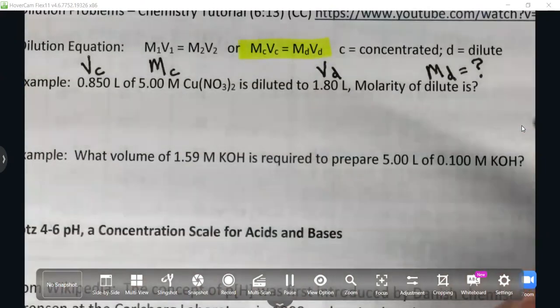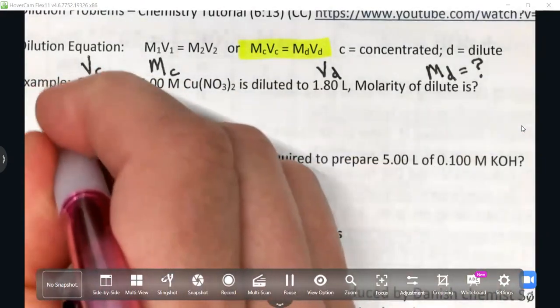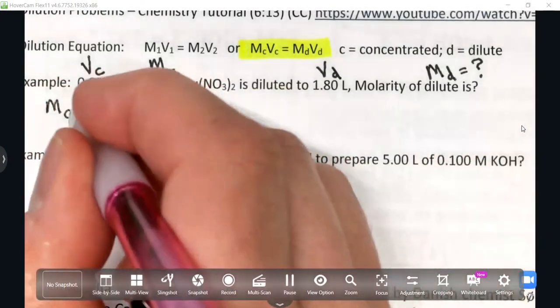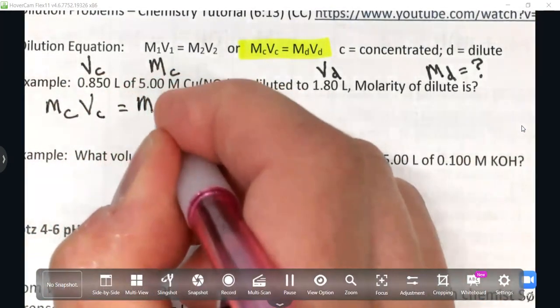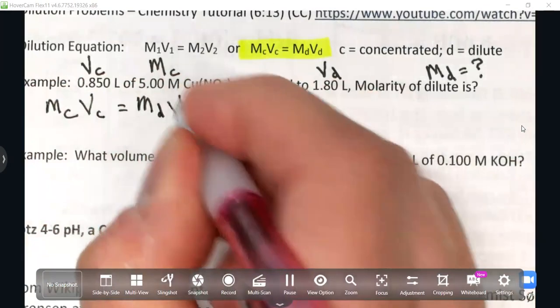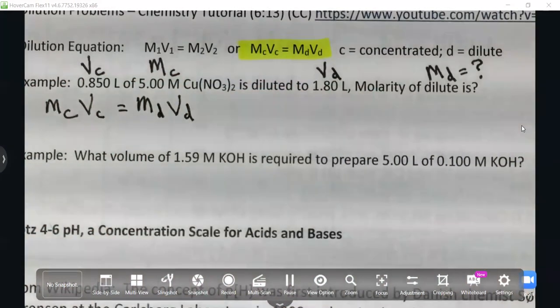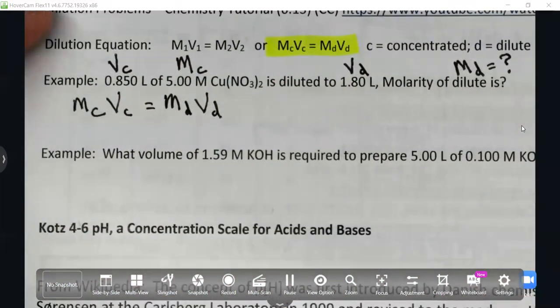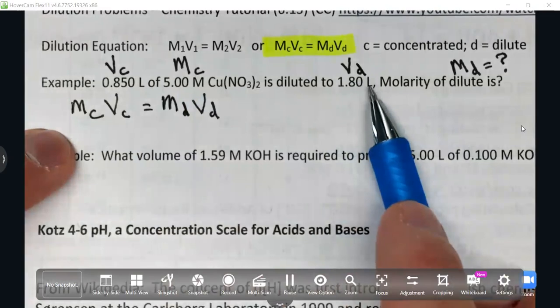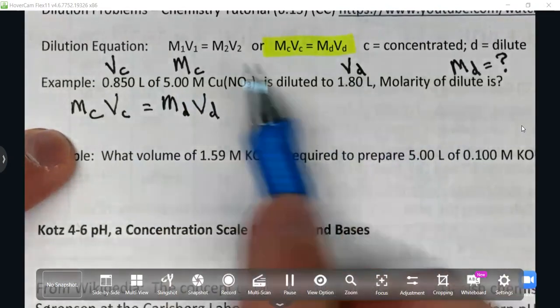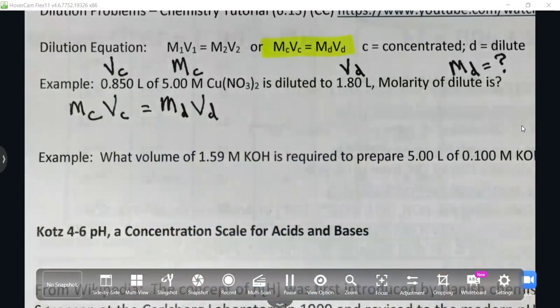So molarity of my concentrated times volume of my concentrated equals molarity of my dilute times volume of the dilute. And we do not have to switch units to milliliters or liters, whatever we get for volume, as long as they're the same. If you have milliliters and milliliters, that would be fine. They're going to cancel out.